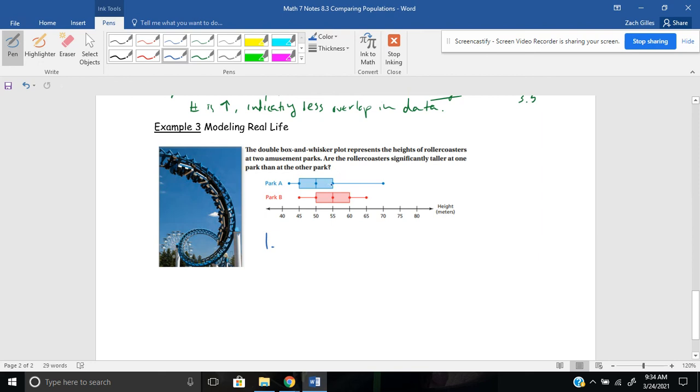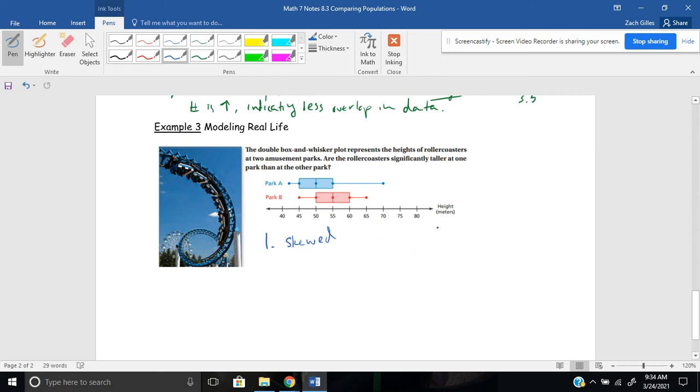Well, for A, it's definitely skewed. It's got this longer whisker. For B, it's not skewed, but for A, it is. So I'm going to say it's skewed.